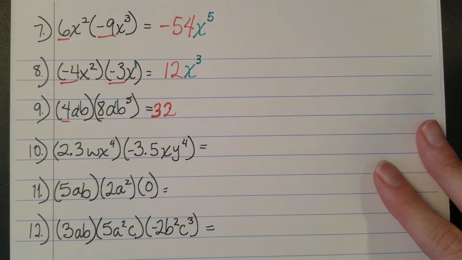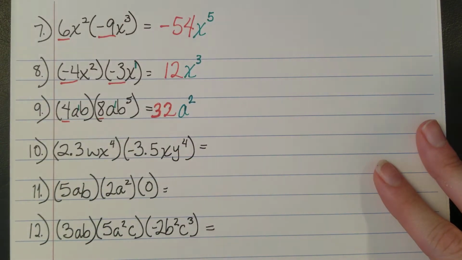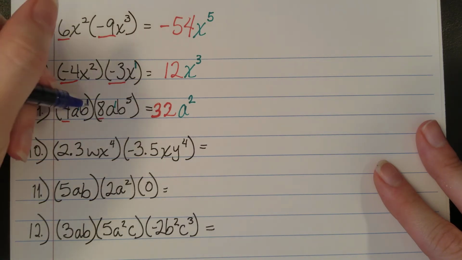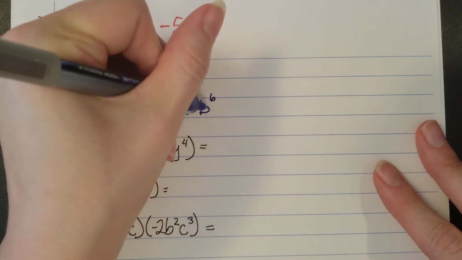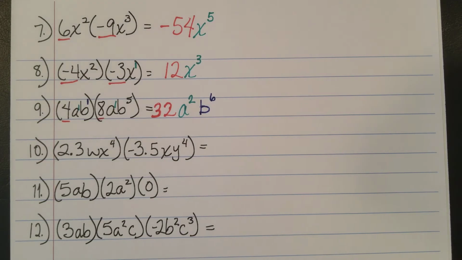Or in other words, a times a is a squared. Okay, then b, there's an invisible exponent of 1 there. And then 1 plus 5 equals 6. So that's b to the power of 6. So 32a squared b to the power of 6.